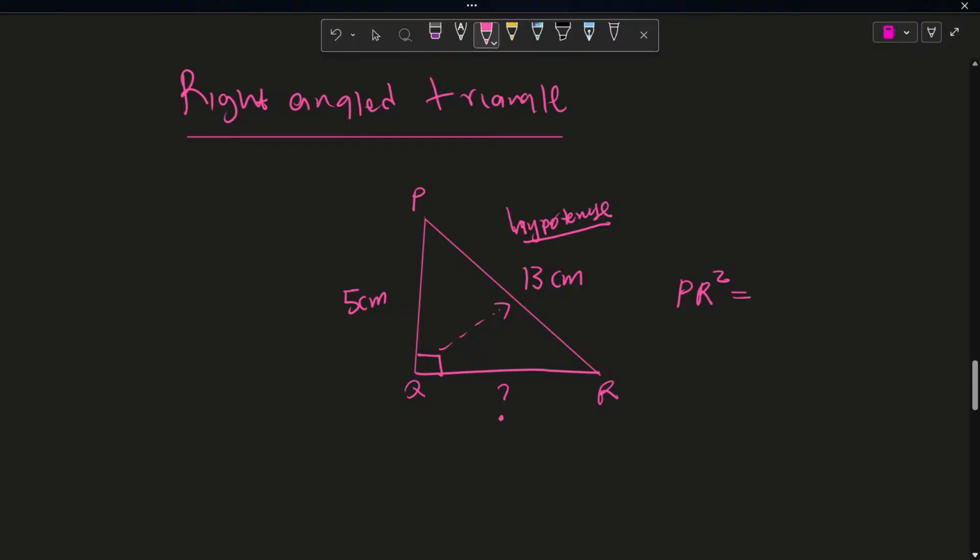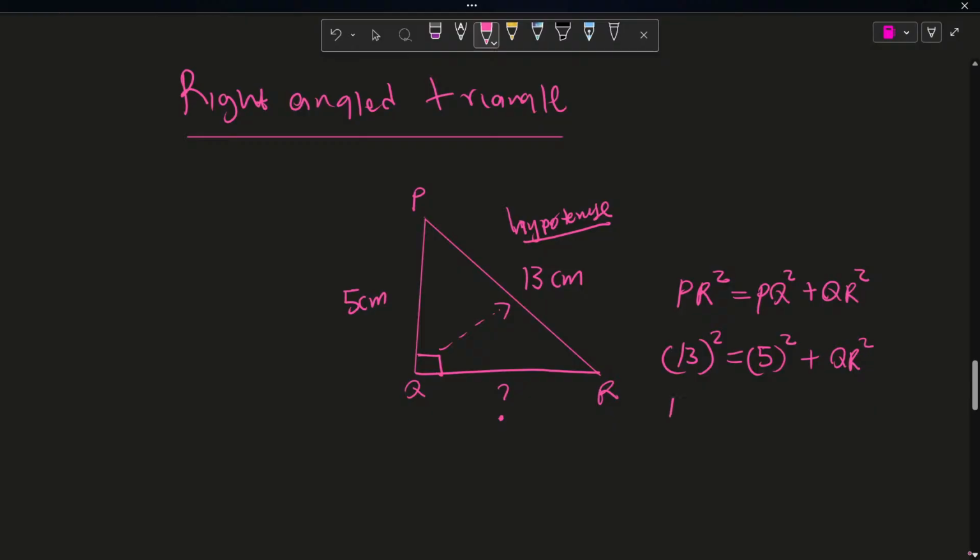PR squared is equal to PQ squared plus QR squared. Where there is PR, you put 13, then you say 13 squared. When there is PQ, you write 5, then 5 squared plus QR squared.